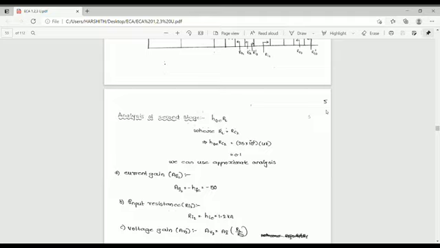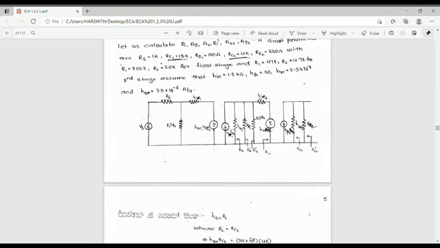And second one, input resistance. Input resistance is RI2, the second stage resistance. That is the HIE. HIE equals 1.2 kilo ohms.